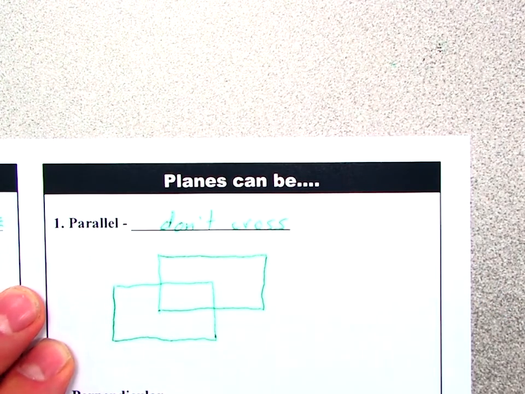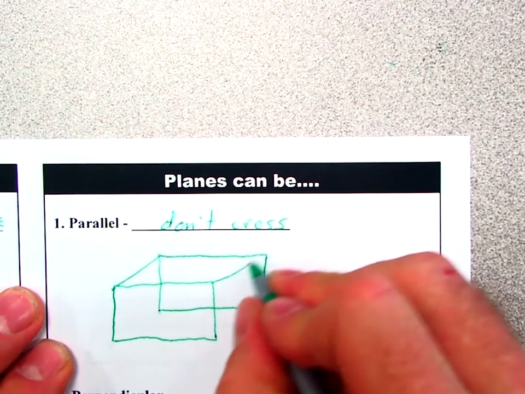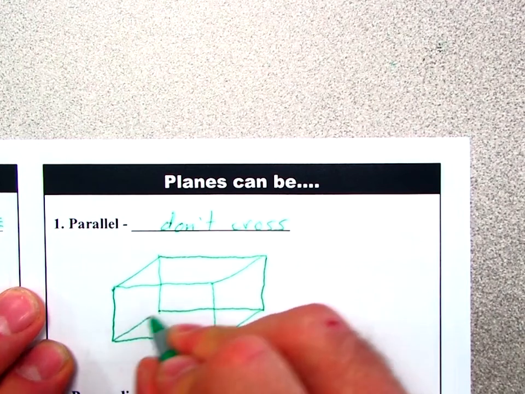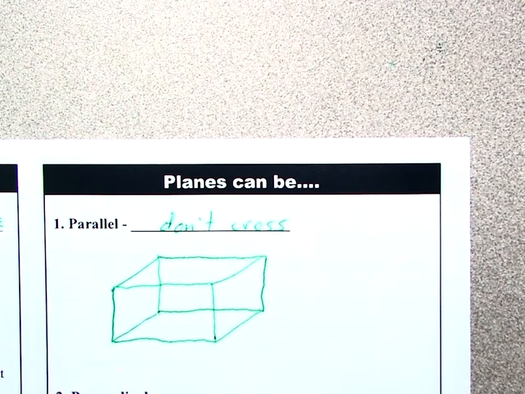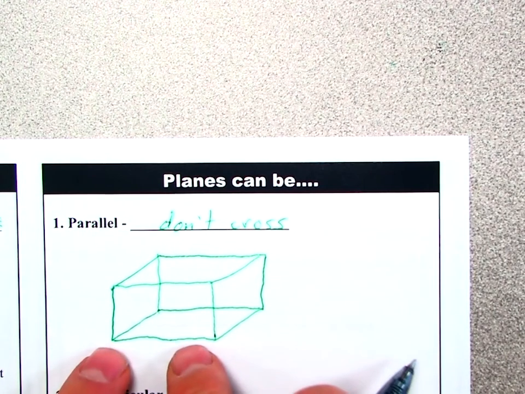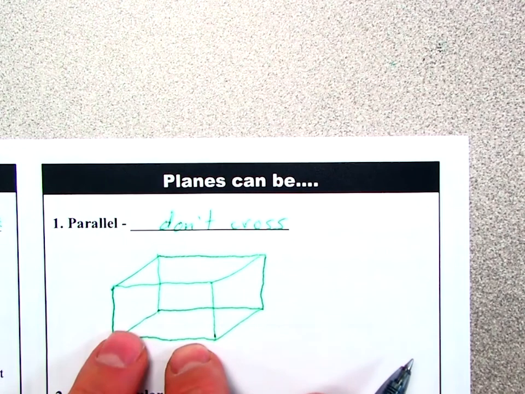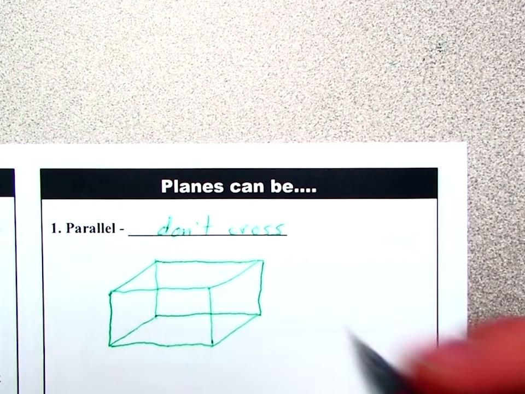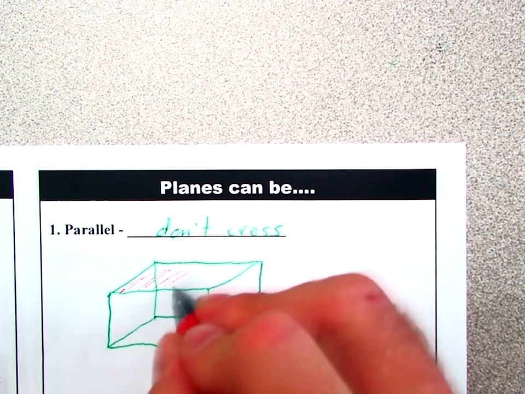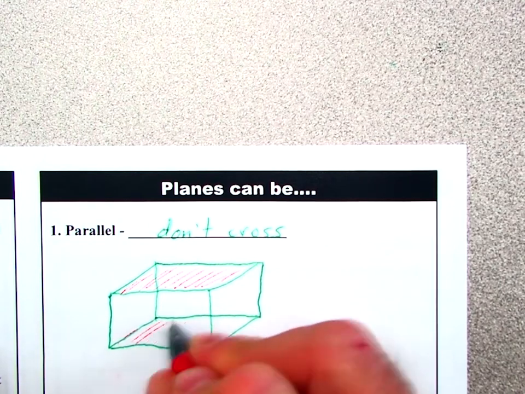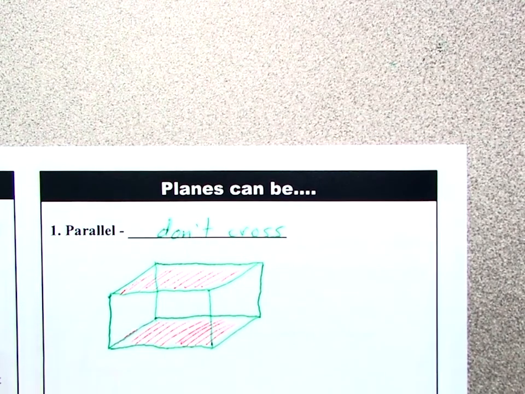Two rectangles that are the same size, join the vertices. And so this is called a rectangular prism or box. And this box has 6 faces. And we can say that this top face or this top plane and this bottom plane will never intersect, so they're parallel.